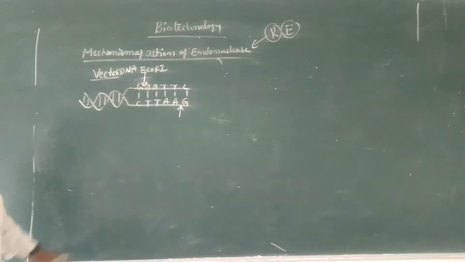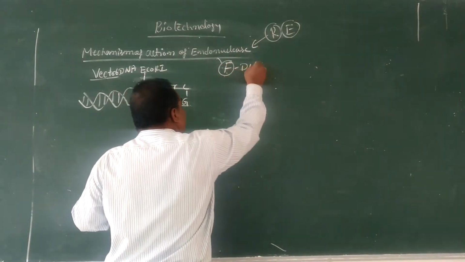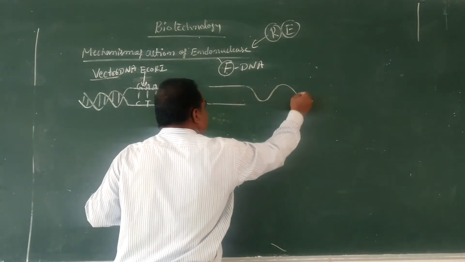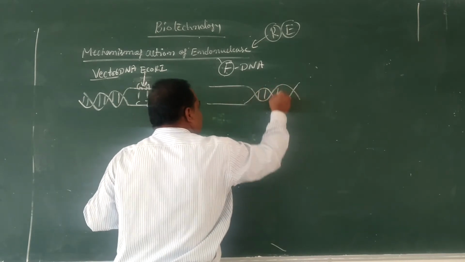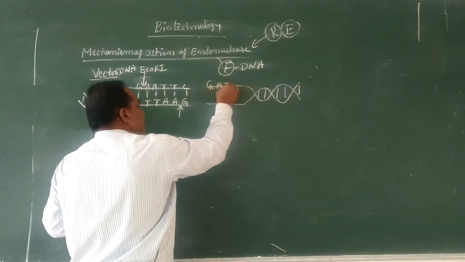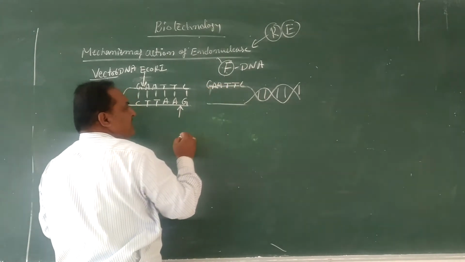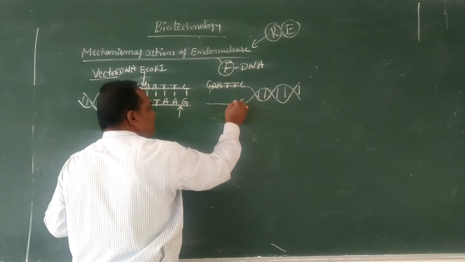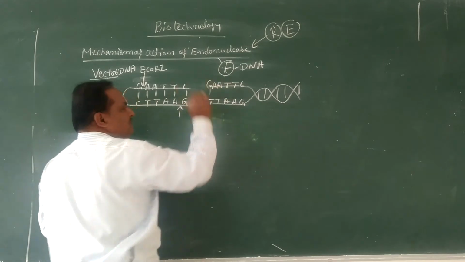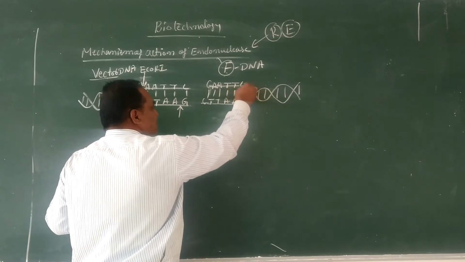And one more DNA is called foreign DNA. That foreign DNA also has base sequences which are considered palindromic sequences.